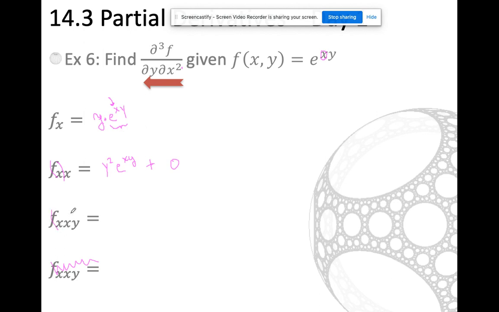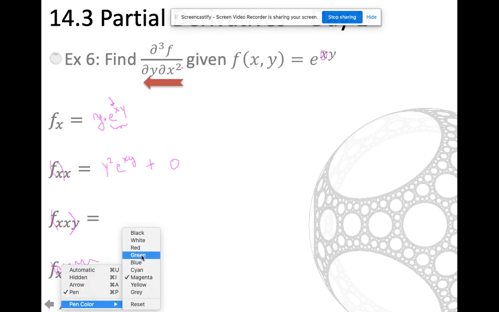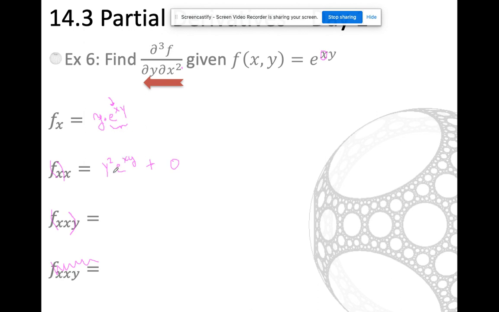Because now I have to take the derivative of this with respect to y. There I am going to have to use the product rule. Do you see why? Ha, pun intended. Do you see why? I have a function here. Y is not a constant, and there is multiplication between there. So the derivative of y squared is 2y.